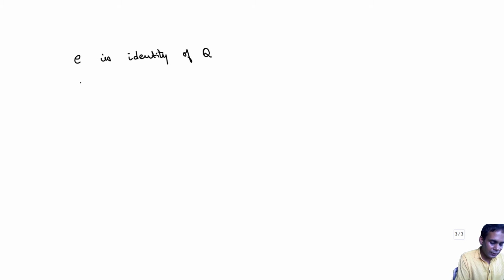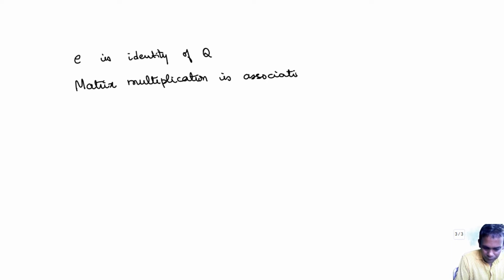Okay, and multiplication is associative because matrix multiplication is associative, so we don't need to check it again. So Q has an associative product.